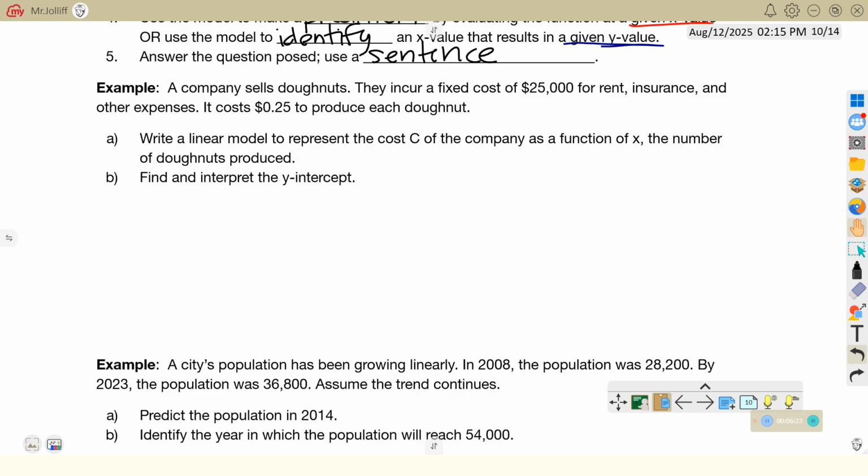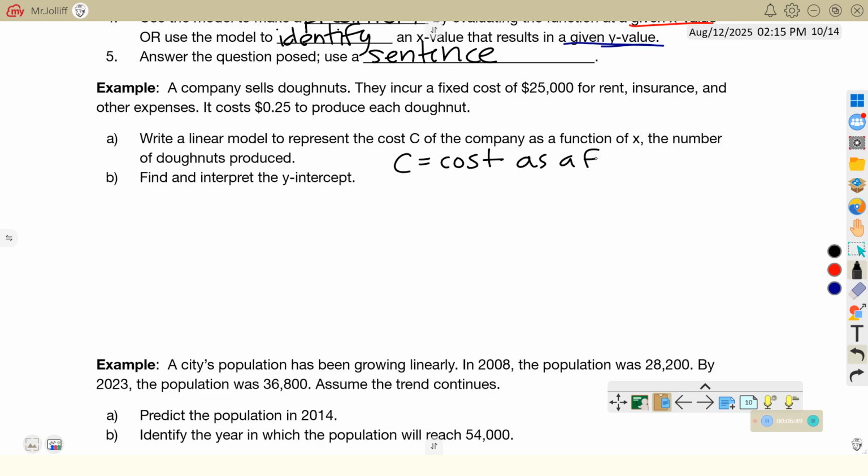They labeled them for us. Cecilia, what's one of those variables in that word problem A? C. Yeah, they give us C and they tell us what C is. They say C is equal to the cost.